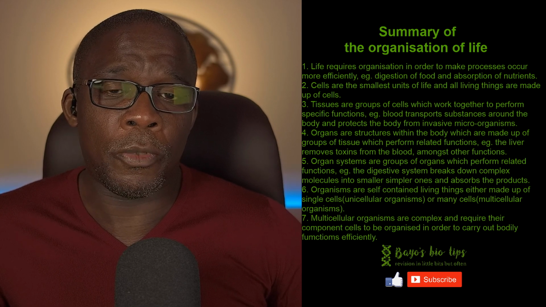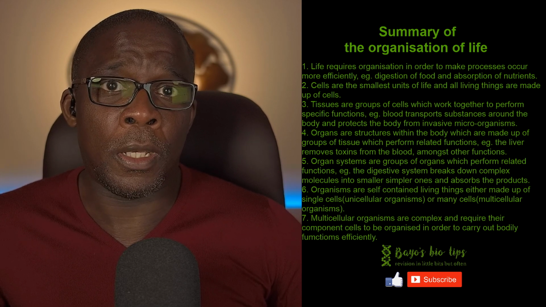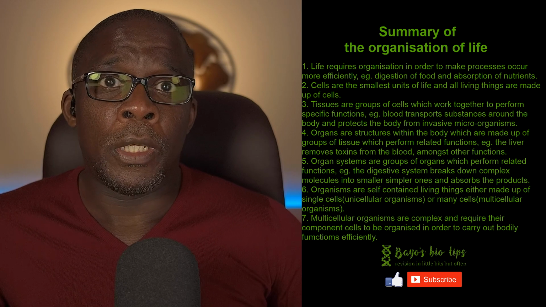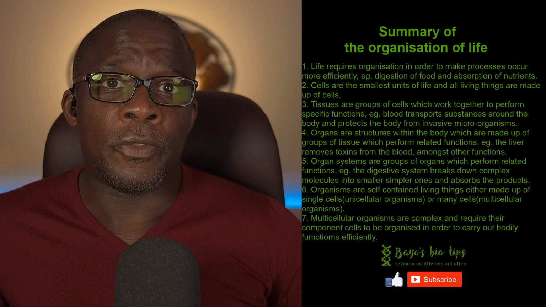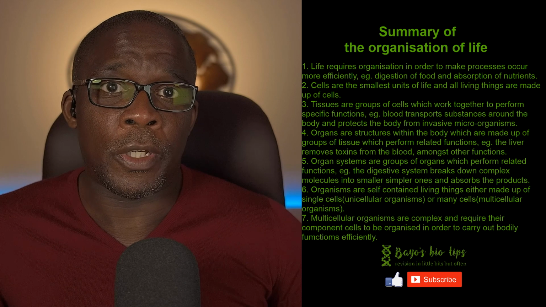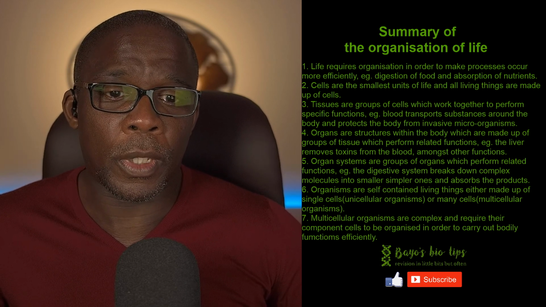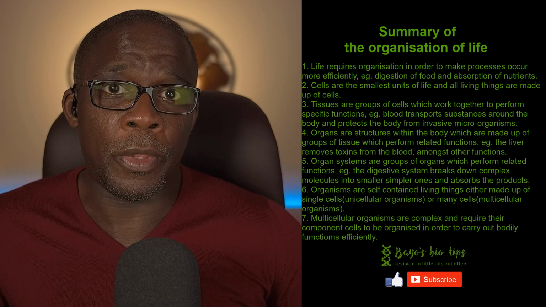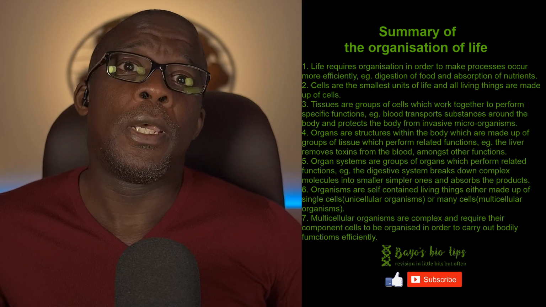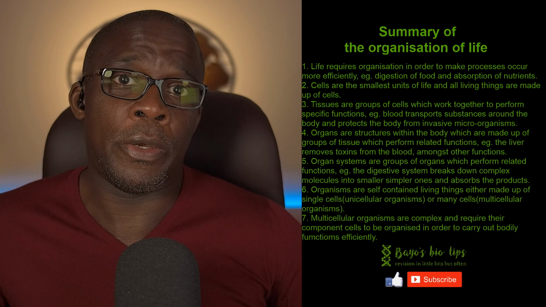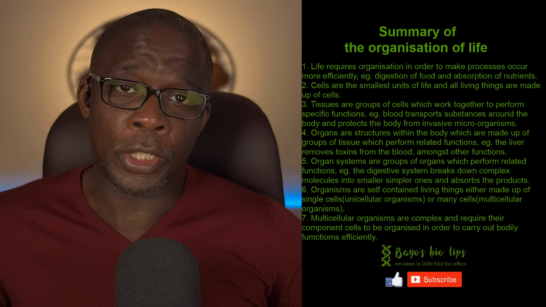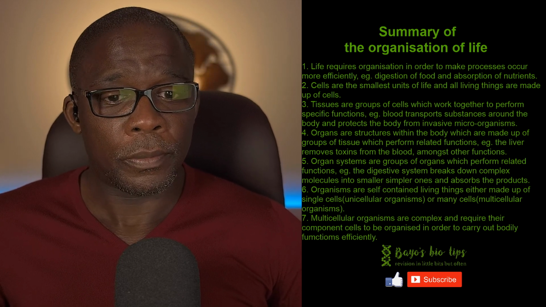The next step up would be organs. So these are usually self-contained structures which are made up of tissues which perform related functions. So things like the heart and lungs and so on. And then the next step up from there would be organ systems, which are groups of organs which carry out related functions, such as the digestive system.